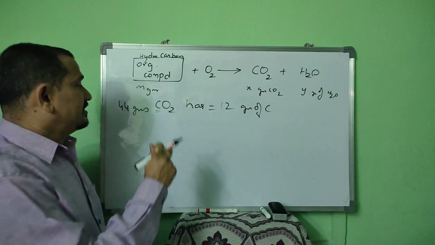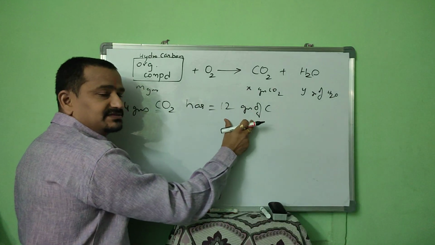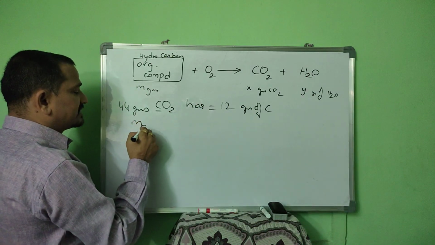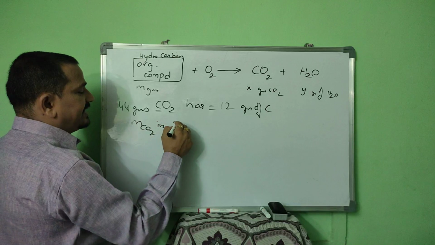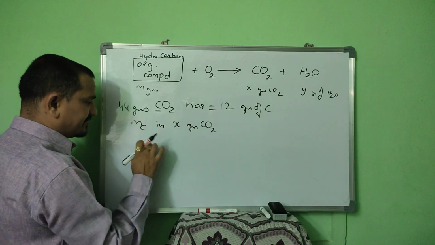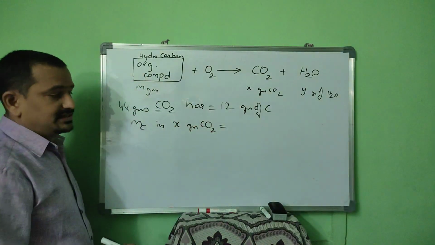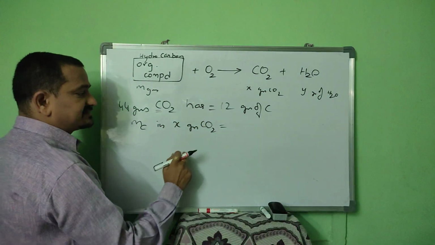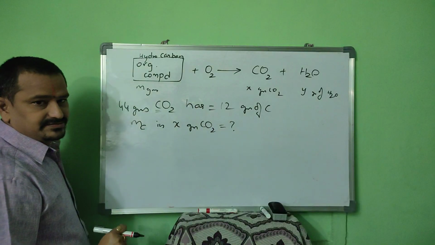You understood? When every 44 has 12 grams of carbon, what is the mass of carbon in x grams of CO2?